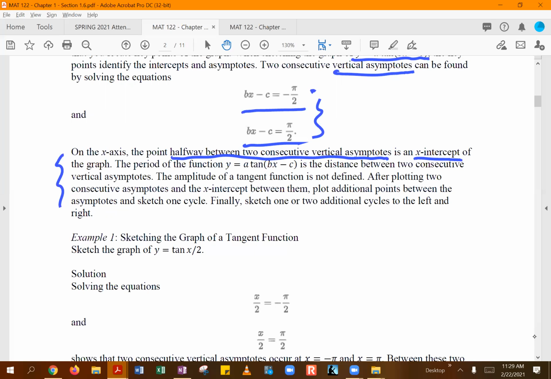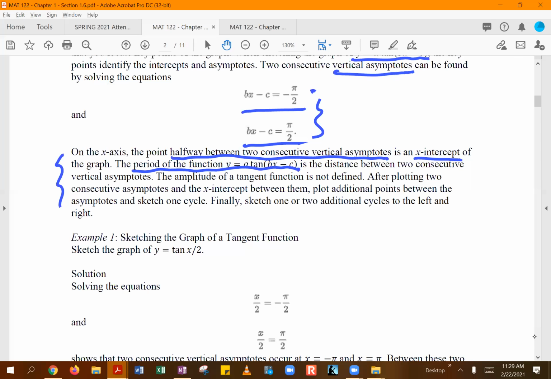Basically, the period for this transformation form of the tangent function is going to be between those 2 consecutive vertical asymptotes. So the period for our function is also going to be between negative pi halves and positive pi halves.